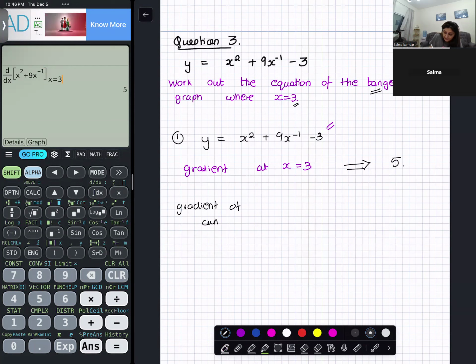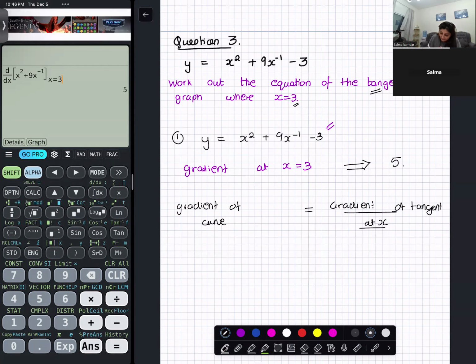Now I know that the gradient of the curve is equal to the gradient of the tangent at x is equal to 3. That means the equation of my tangent is y is equal to mx plus c.